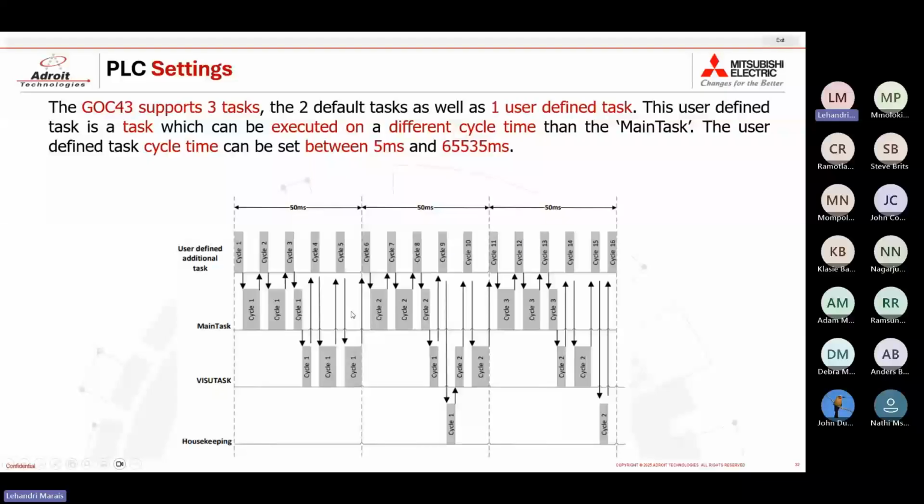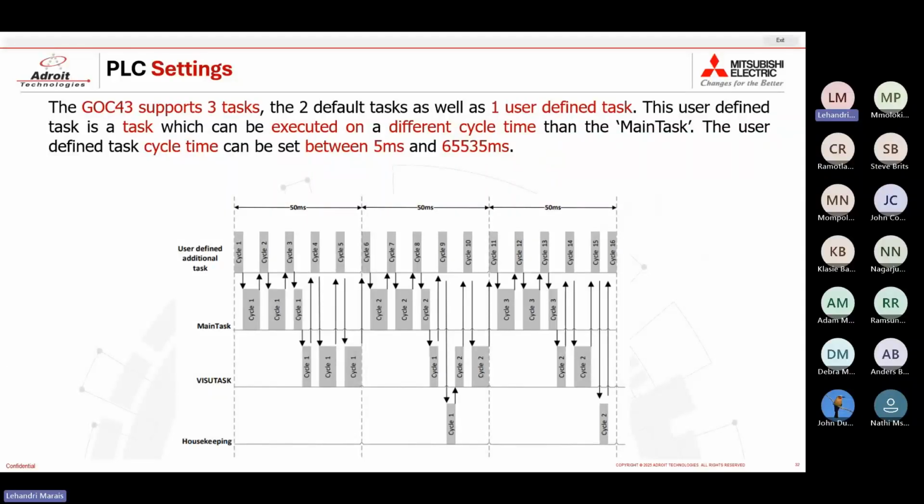Now, in the case where the user needs to have PLC logic running faster than 50 milliseconds, you are able to add a user-defined task. The GOC supports 3 tasks, 2 of which are your defaults, your main task and visual task, and you are able to add 1 user-defined task.